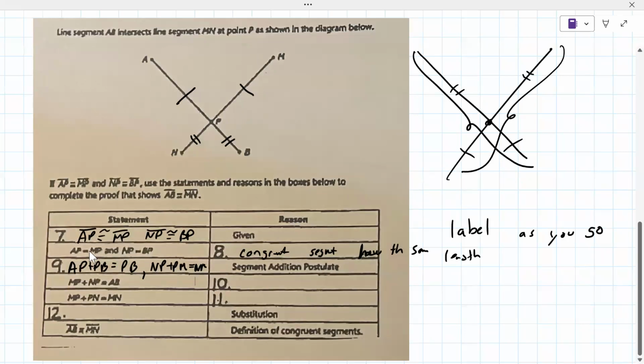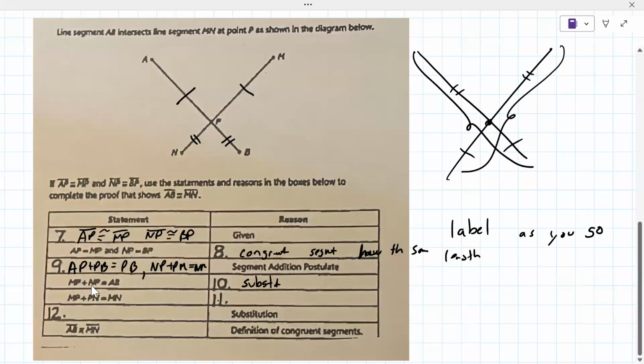The letters are all messed up. Basically you switch the two of them: these two equal the other one. To me, that's substitution, because you're replacing it.